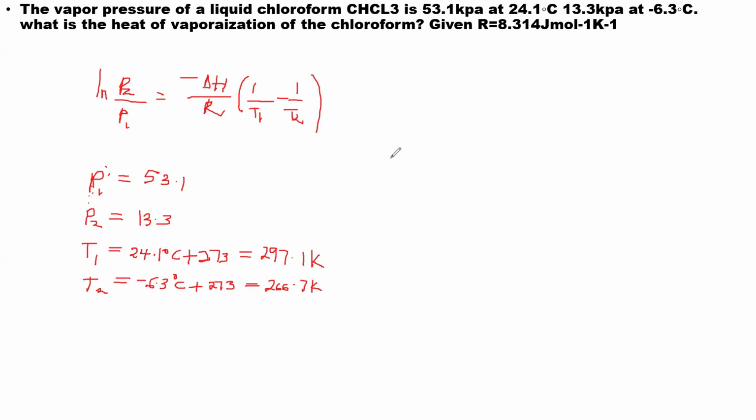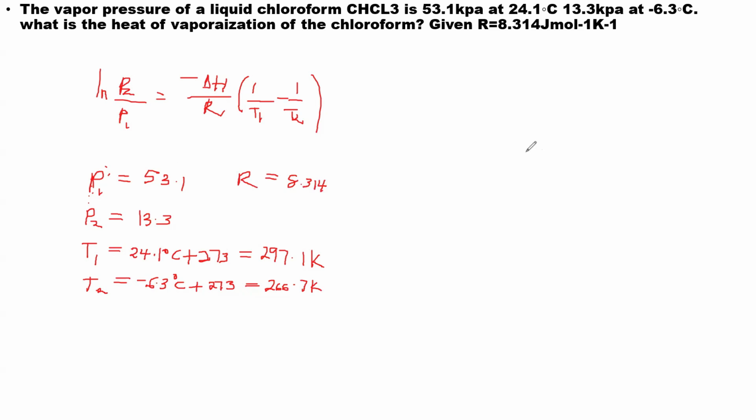So now we are going to substitute, and of course we have our universal gas constant R as 8.314. So now we substitute all the values.